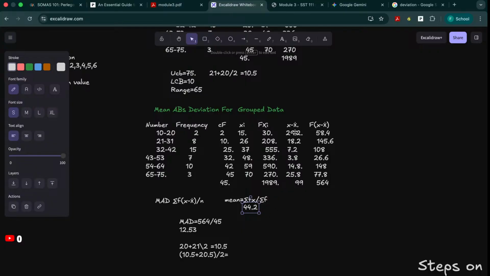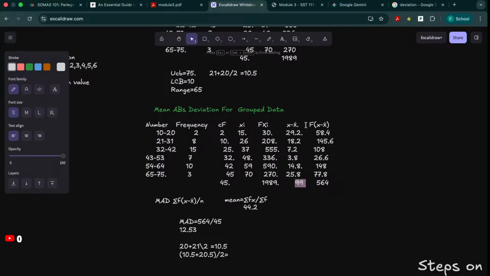44.2. Then you come here, our x is 15 minus 44.2, which is our mean. We should get this number. You do this for each number until you get 99.